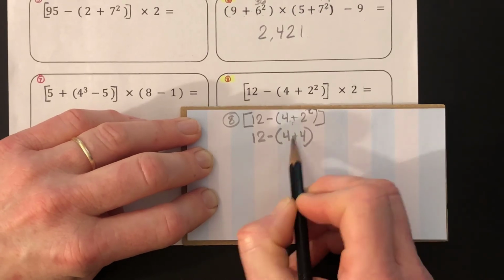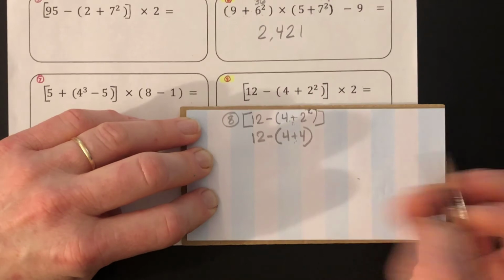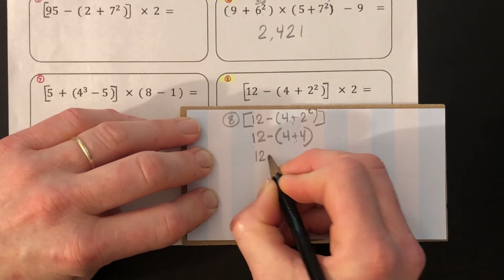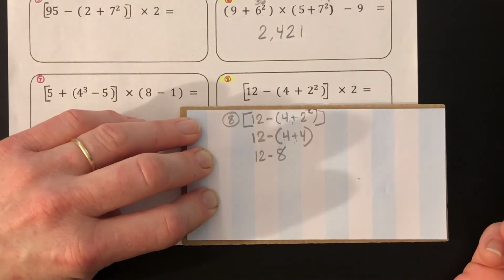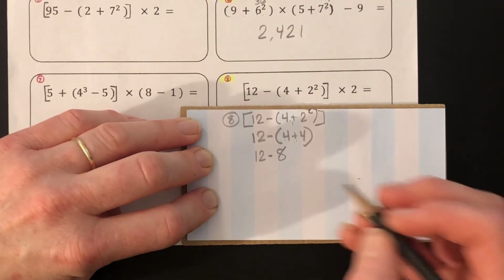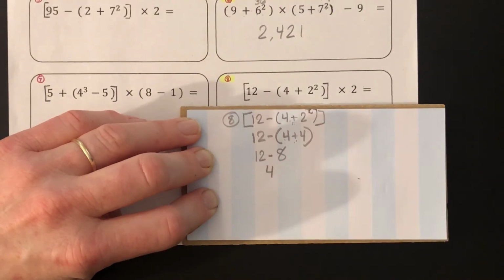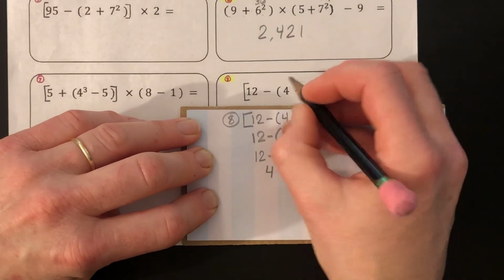I can't get rid of them until I get rid of all the operations. So now I have to add. 12 minus, now I can get rid of them. 4 plus 4 is 8. 12 minus 8 is 4. So the value of all these brackets is 4.